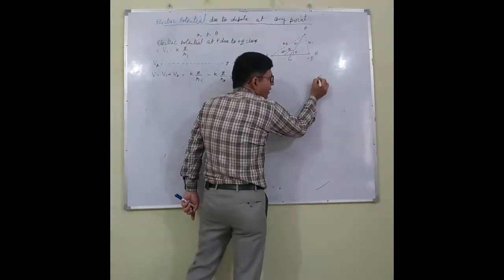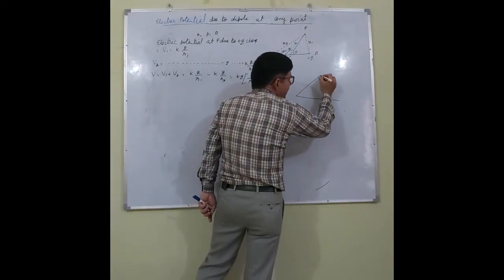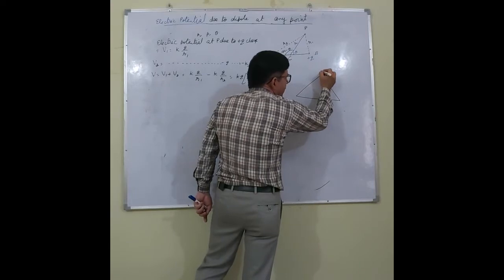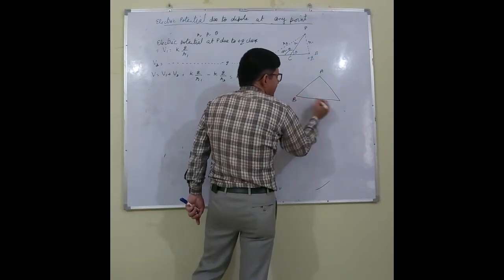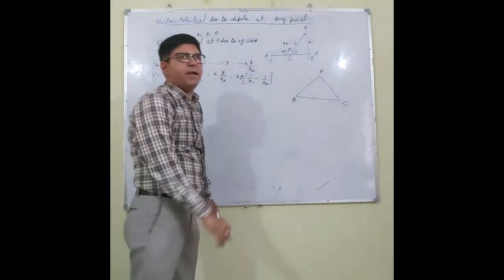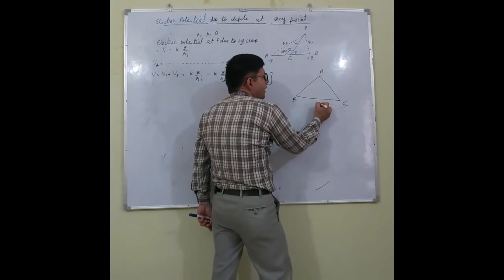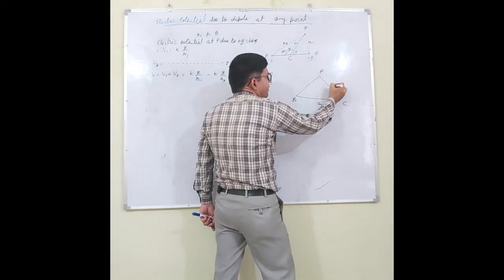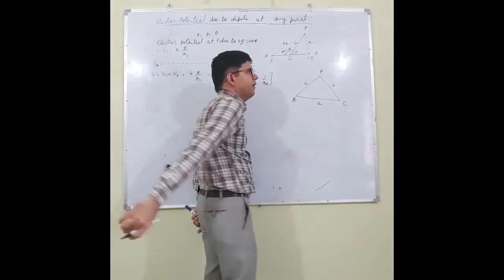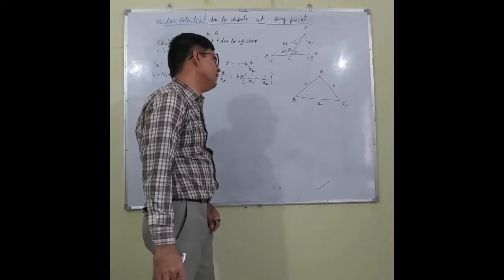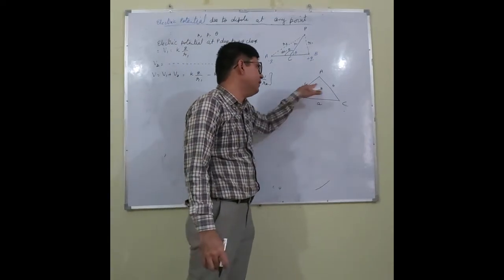You have done in grade 11 in trigonometry that this is a triangle ABC. The side opposite to angle A is a, this side is b, this side is c. Now there is a relation between these sides a, b, c.